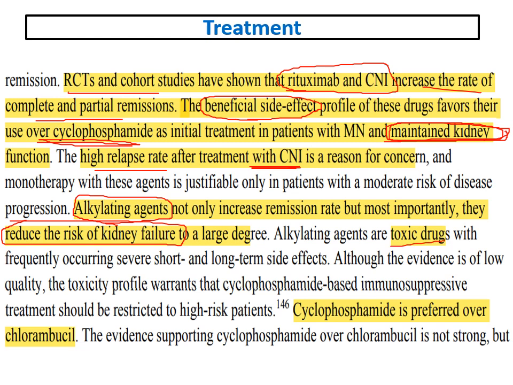Alkylating drugs, chlorambucil and cyclophosphamide, are toxic drugs with severe short and long-term side effects. Cyclophosphamide is better than chlorambucil.